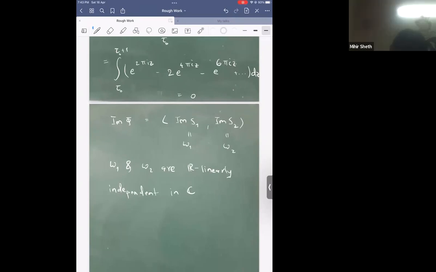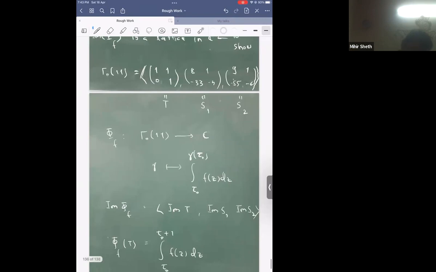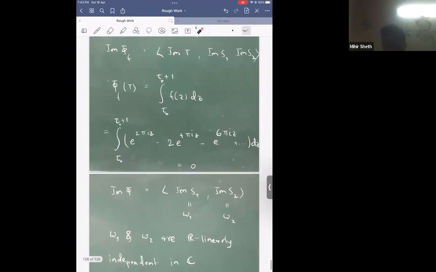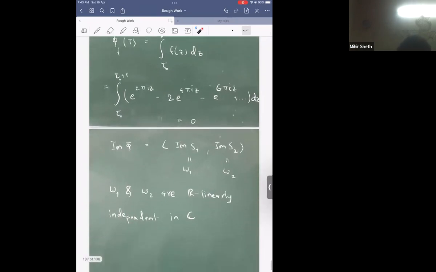The omega 1, omega 2 are the images of these two group elements under this phi of f, under this group homomorphism. There are some explicit computations to do to show that these are linearly independent.